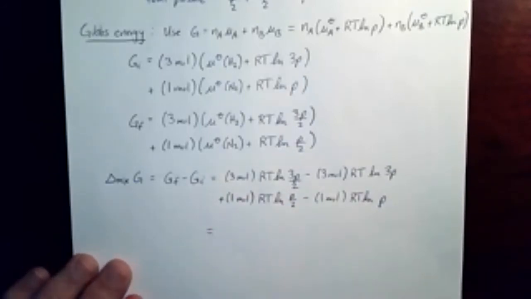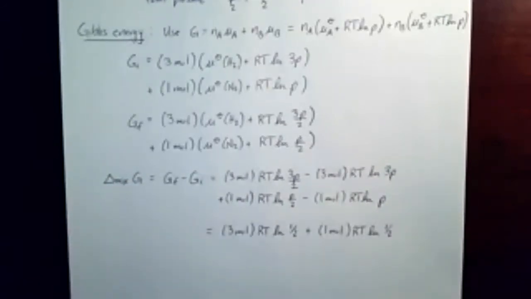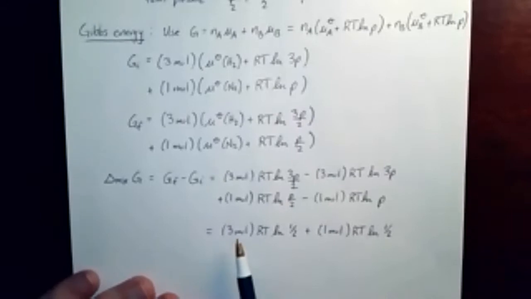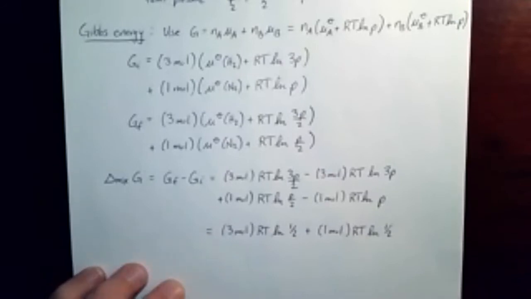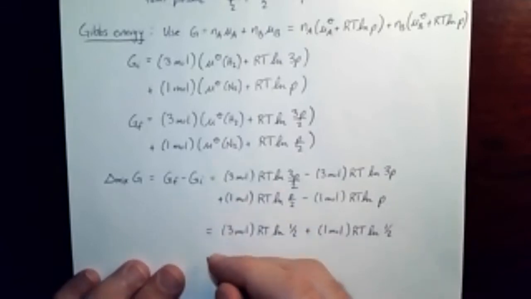So all of this simplifies quite a bit to 3 moles RT ln of a half plus 1 mole RT ln of a half. Now I'm going to rewrite ln of a half as ln of 2 to the negative 1. Since the negative 1 is an exponent, I can bring it in front.